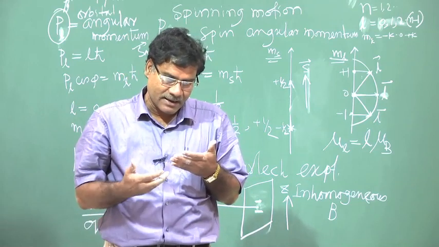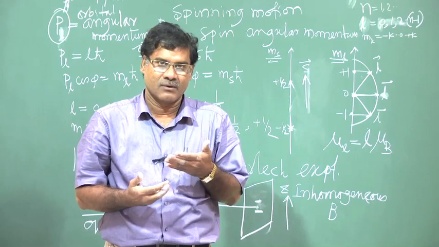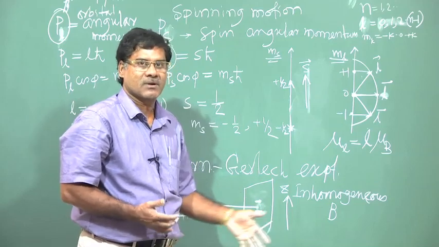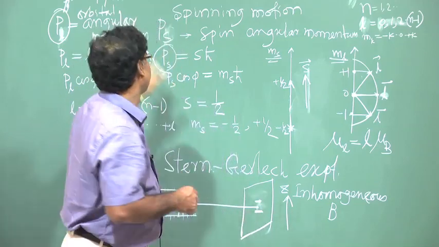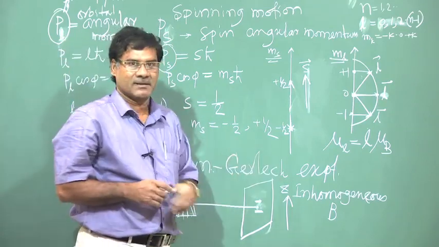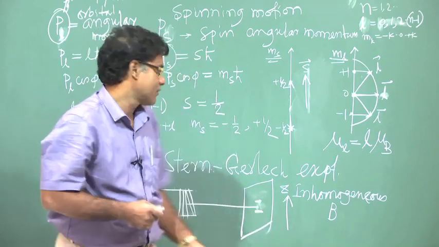Whatever we were expecting, that due to space quantization we should get splitting of the spot on the screen, the splitting of the spot on the screen is there. So Stern and Gerlach were happy that some space quantization exists. That is why we are getting it.